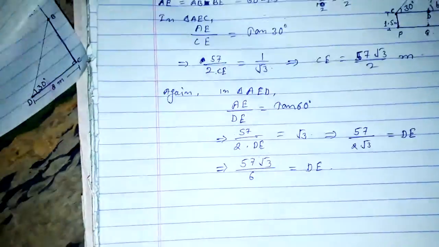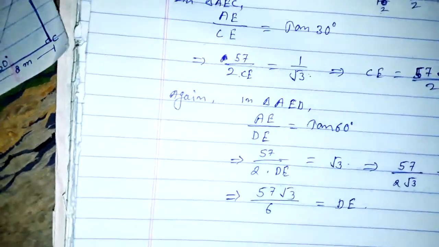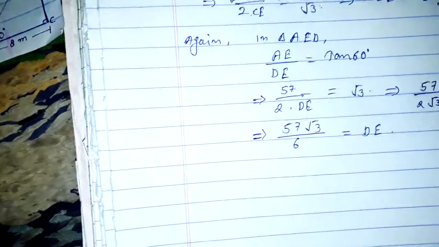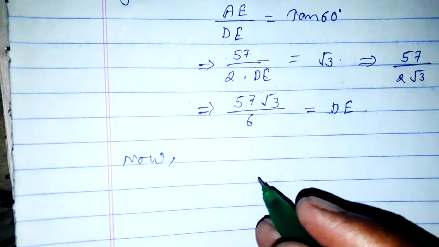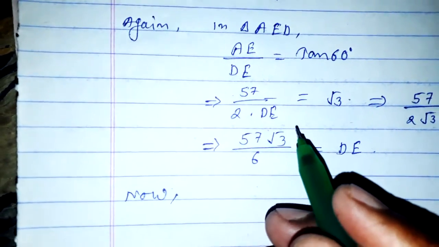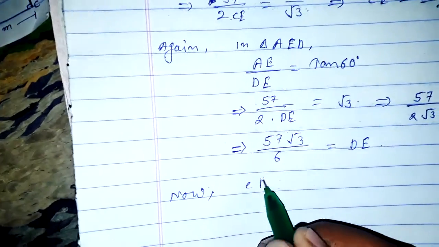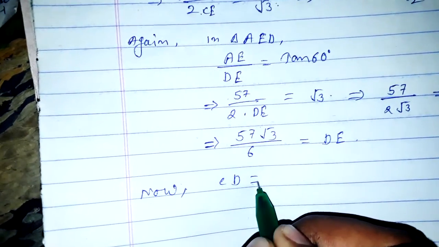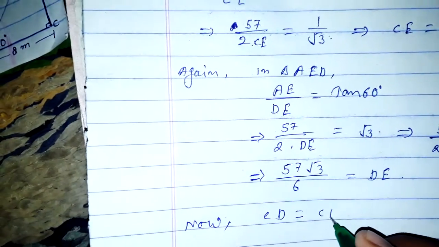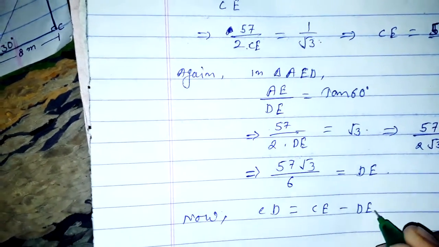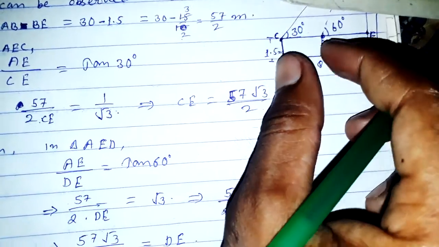Here find the value of CD. So what is CD? CD is CE minus DE. CE minus DE. Here what is CD?